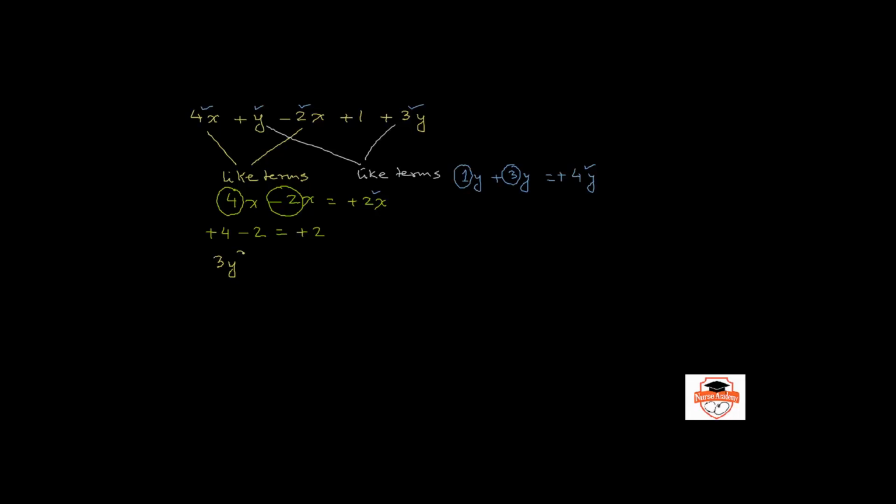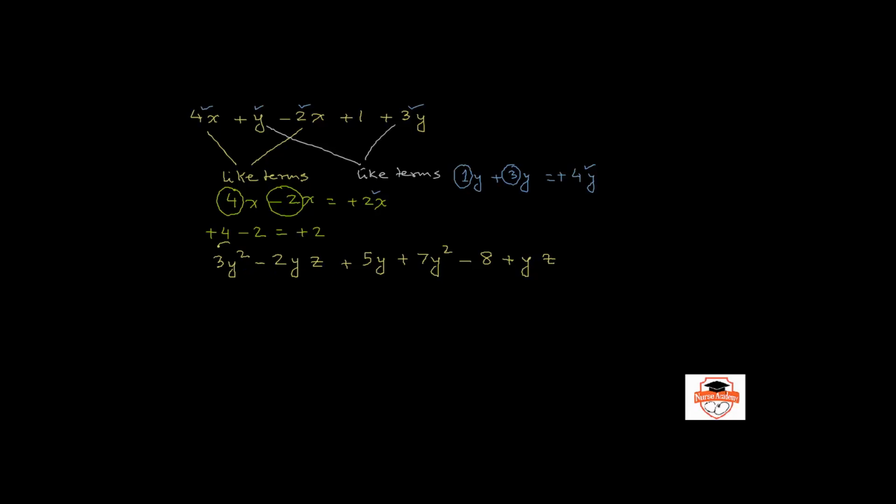Similarly, 3y squared minus 2yz plus 5y plus 7y squared minus 8 plus yz can be combined as follows: identify the like terms and add them up.